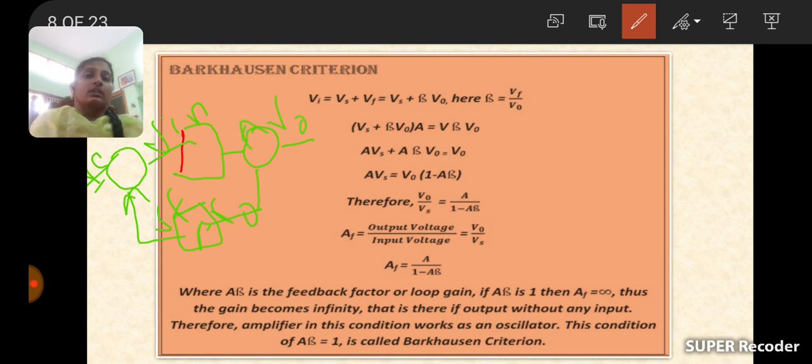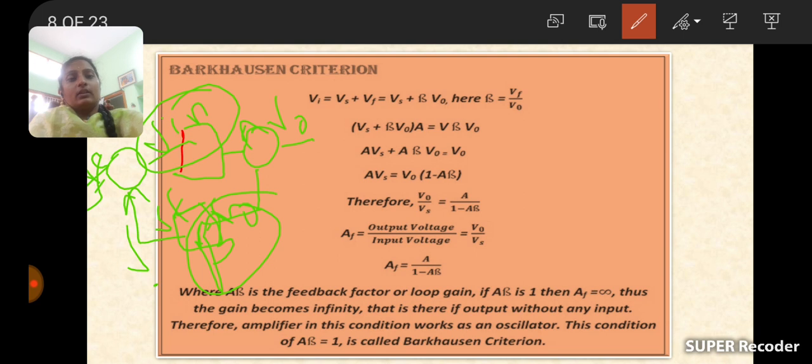Okay, see here. So here the input voltage Vi is what? Vs plus Vf. And here Vf is equal to what? Beta, the feedback factor, into V naught. Okay. Vi is equal to Vs plus Vf, and by substituting the feedback voltage Vf equal to beta into V naught.